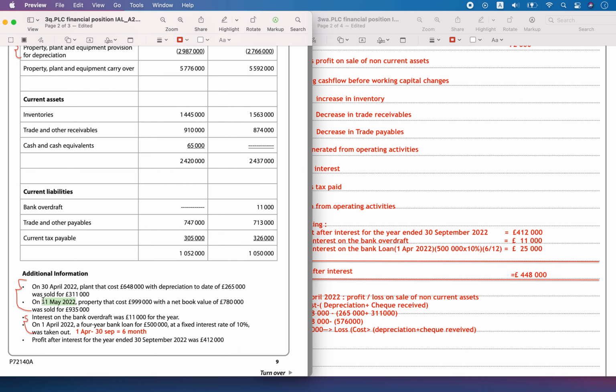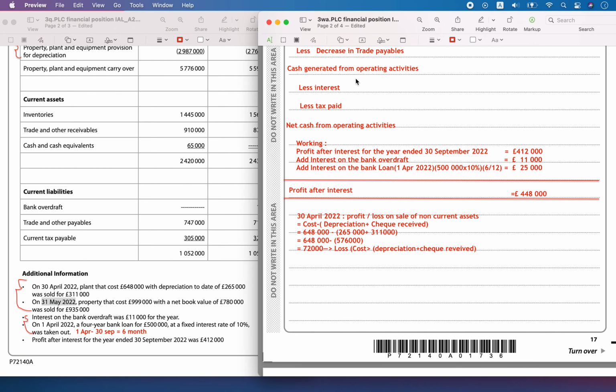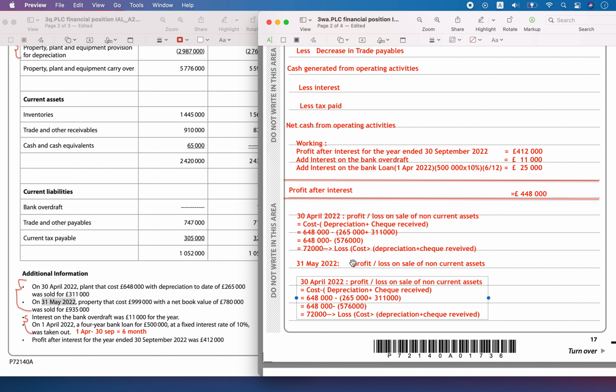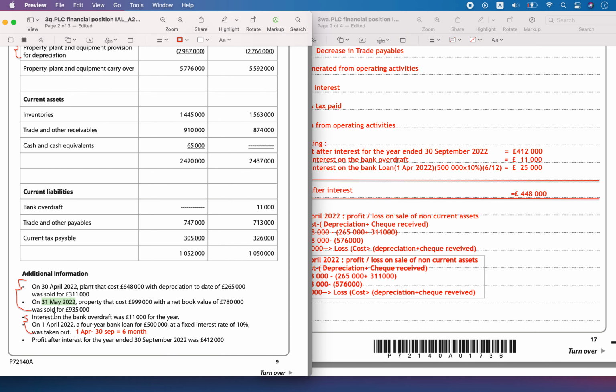Now let's see for the transaction whether it was a profit or a loss on 31st May 2022. Again all the things are going to be the same. Let's copy this and replace here.